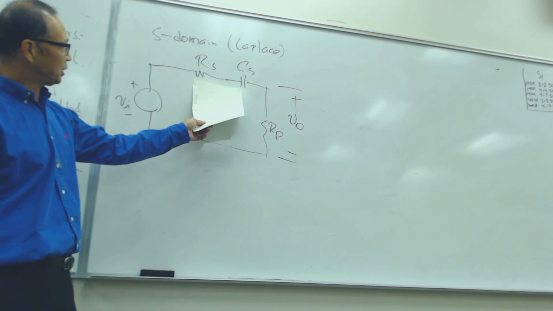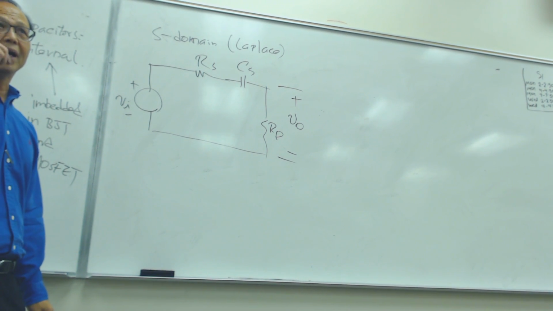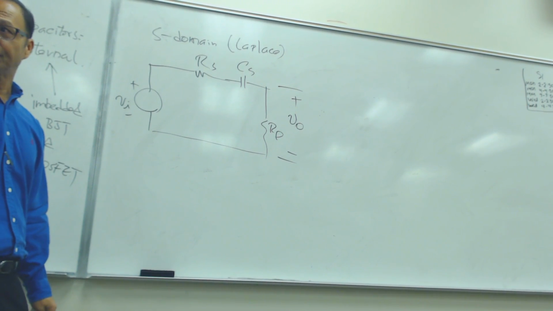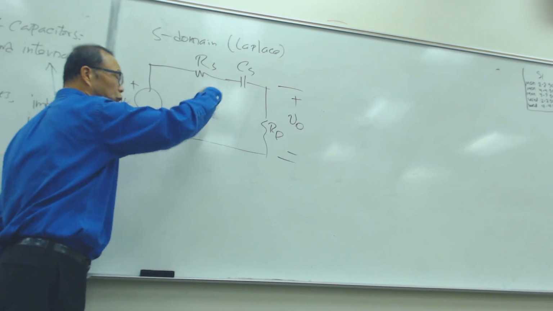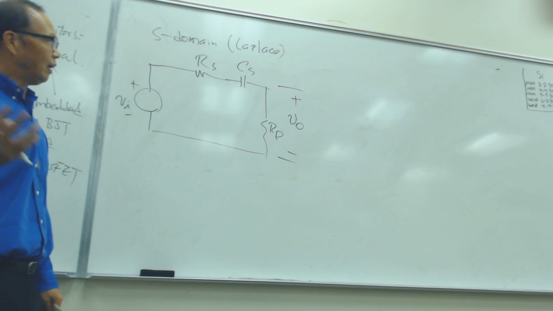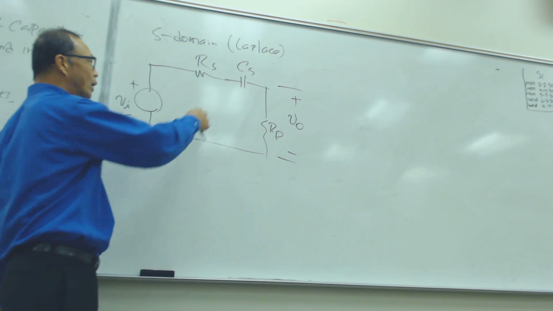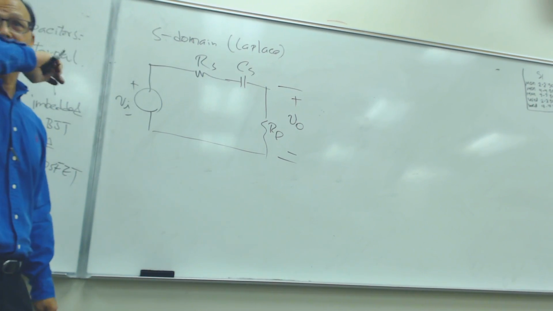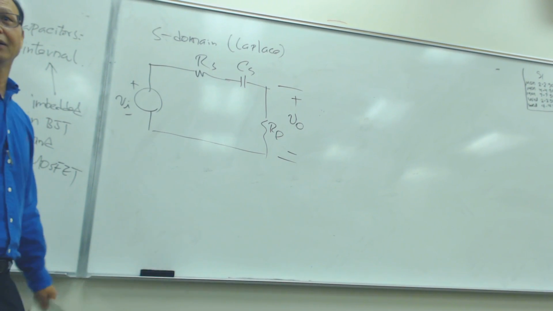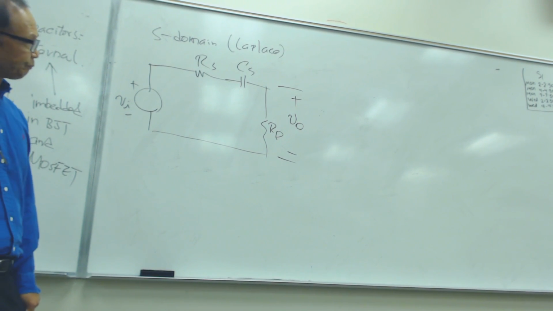The voltage of the capacitor and the current are related by the integral or the derivative, right? So therefore, the equation will become what? Differential equation, right? If you only have one capacitor, it's the first order differential equation. If you have one capacitor, one inductor, it can become the second order, right? Got it? Okay. So that's the time domain analysis.